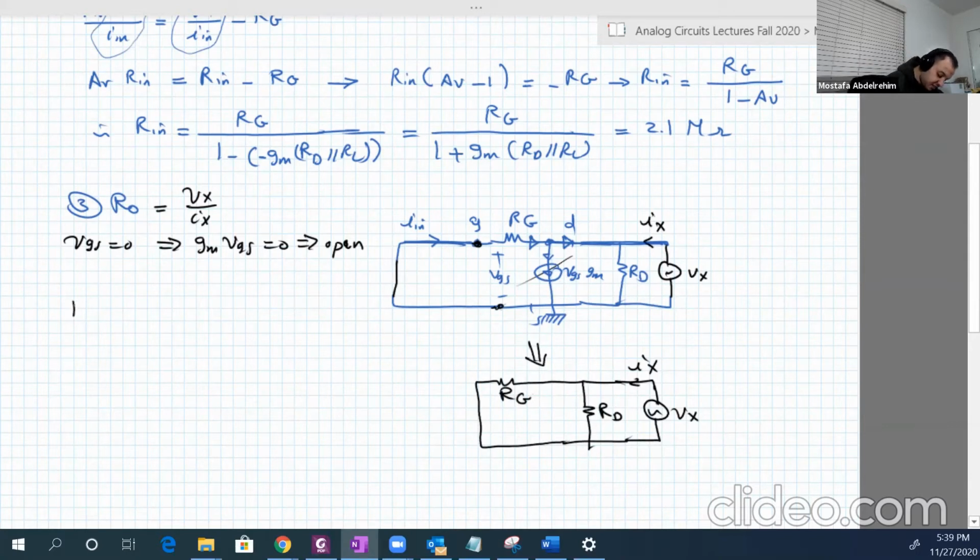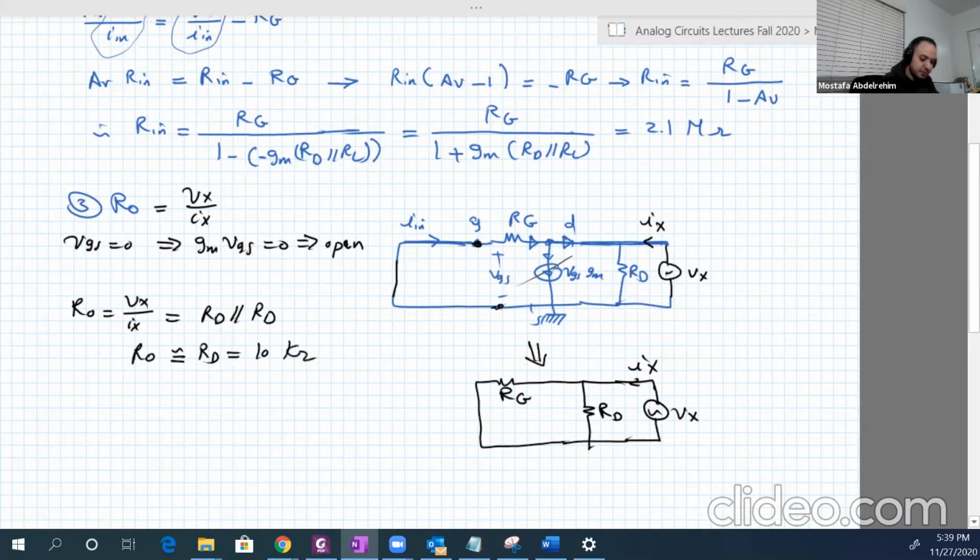So VX over IX is basically RD parallel RG. Of course, 10 kilo ohms in parallel with 10 mega ohms is just 10 kilo ohms. It will be 9.9999 kilo, so it's 10. So this will be approximately equal to RD, which is 10 kilo ohms.